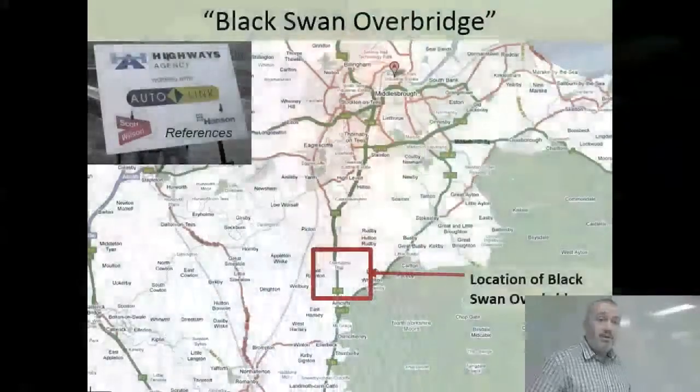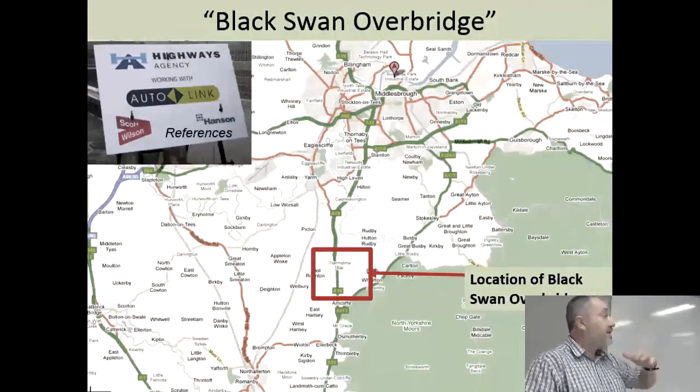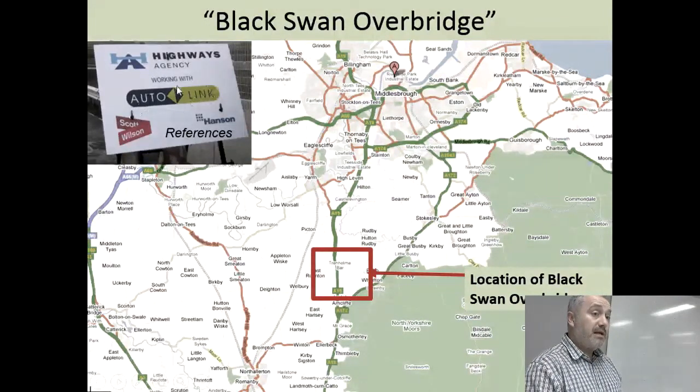So we'll go through this Black Swan Overbridge. The client was the Highways Agency, and they passed the job to the North East representative. There was a design and build contract, and that was won by Autolink.